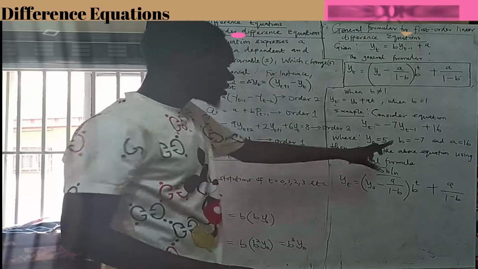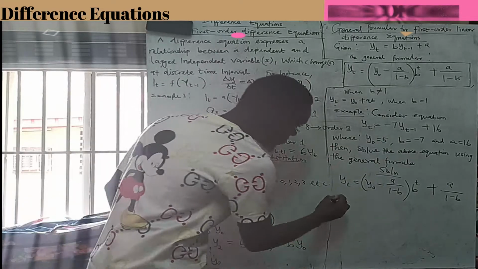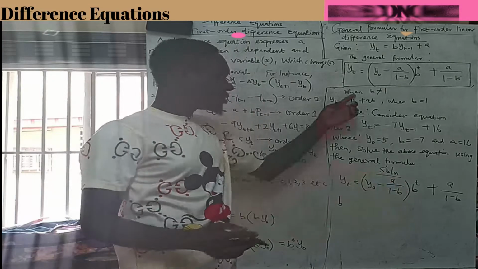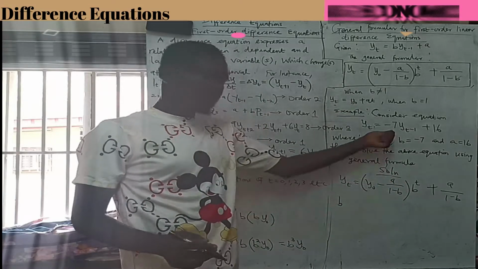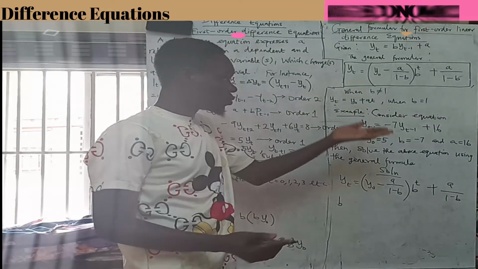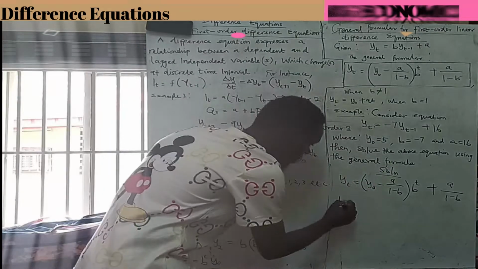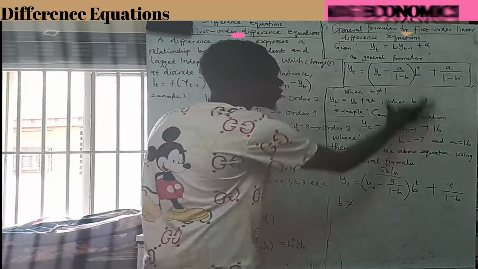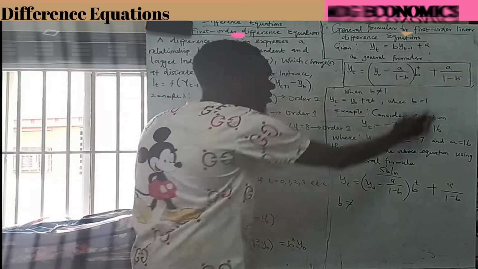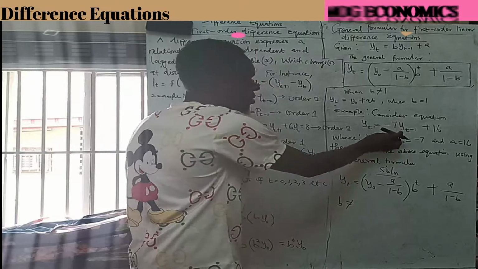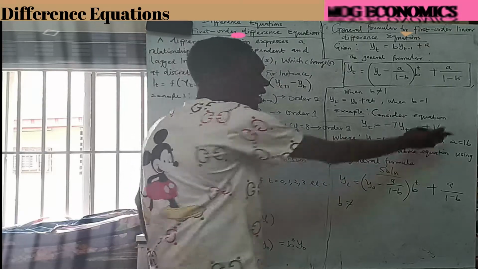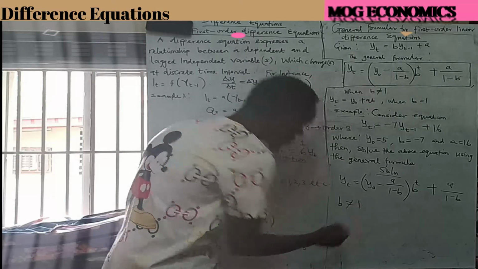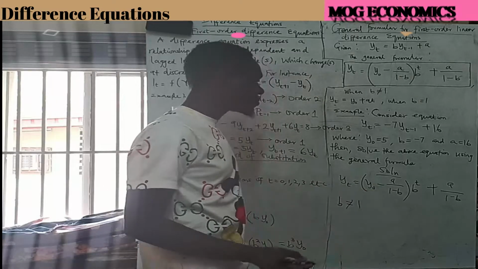One thing we'll notice in this case is that we can apply this formula here and not this, because in this case the value for b here is not equal to 1. In this case it is -7. This just follows the normal equation we have here. So this is the b, so it is -7, and a here is 16. Since our b is not equal to 1, this formula can be applied.